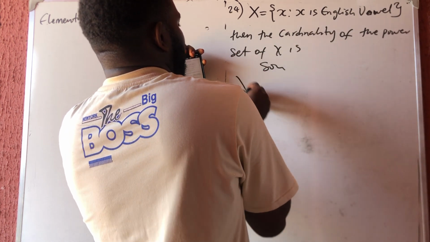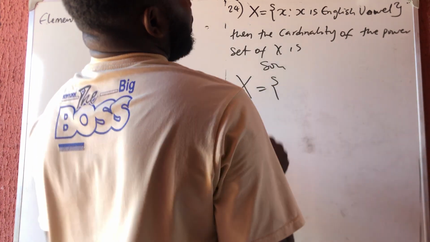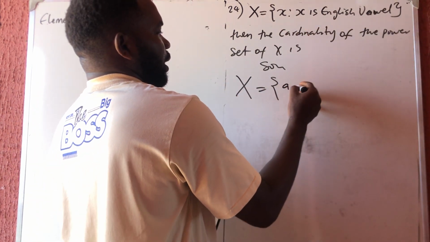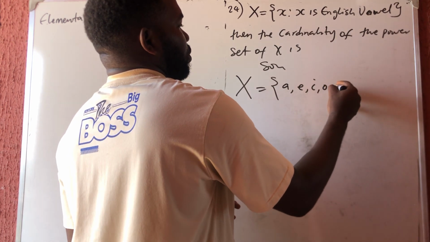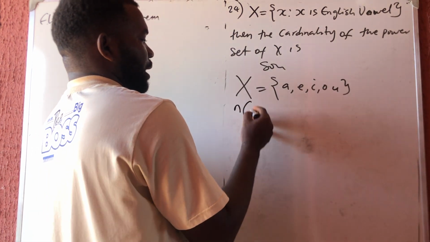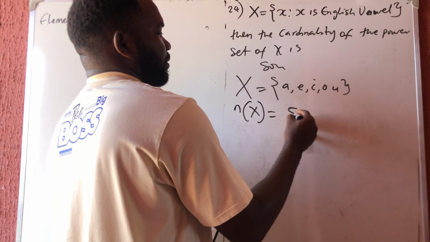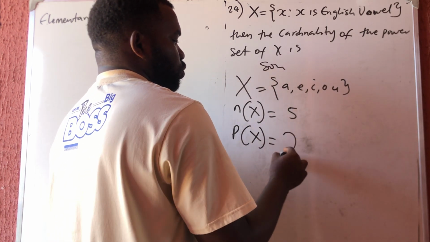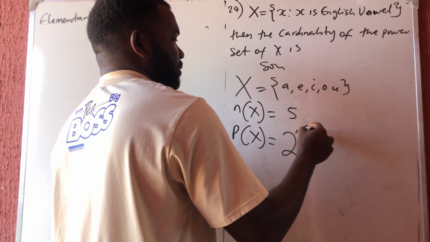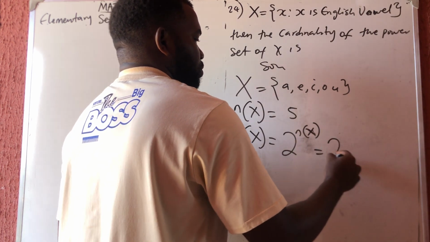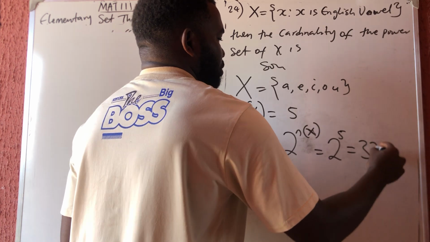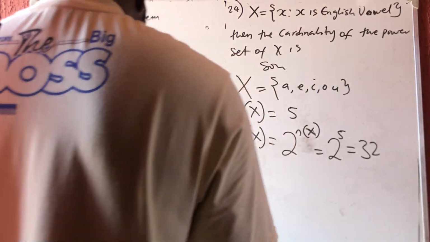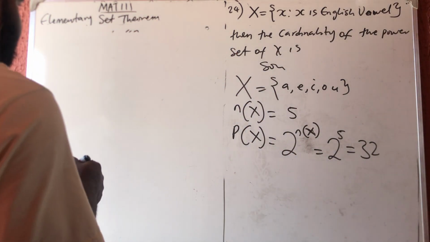Solution. Now x is equal to the set of English vowels: a, e, i, o, u. Okay, so the cardinality of x is equal to 5. They are 5 in number, but the power set of x is equal to what? 2 raised to power the cardinality of x. All right, which is what? 2 raised to power 5, and 2 raised to power 5 is what? 32.